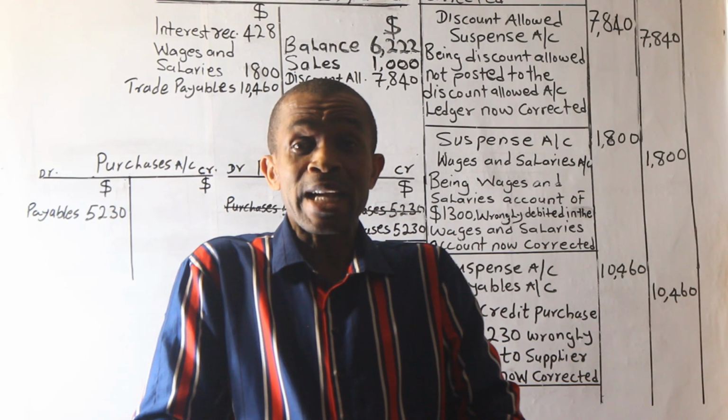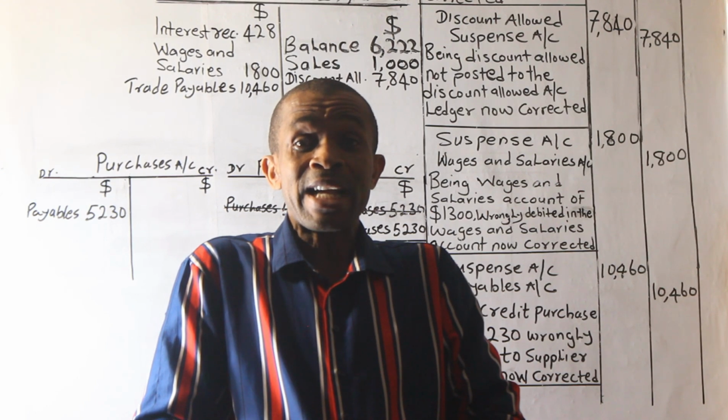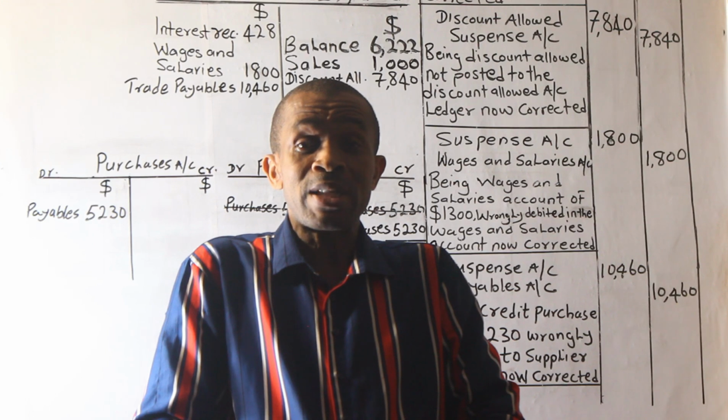When we raise the suspense account on the credit side, then the suspense account will be debited with equivalent $1,300, showing that this error has resulted in increasing the debit side of the trial balance. Remember we said that any error that leads to increase on the debit side, such error will be posted to the debit side of the suspense account. And any error that results in increasing the credit side of an account, that error will be posted to the credit side of the suspense account.